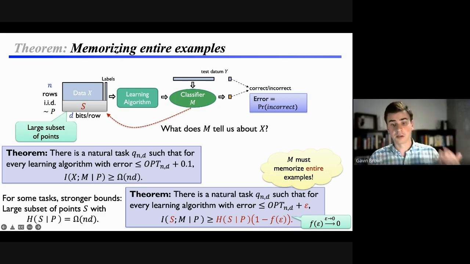F of epsilon goes to 0 as epsilon goes to 0. So that means as the error of the algorithm approaches optimal, the classifier must contain entire examples. Think full addresses or phone numbers. So these two informal theorems are the main results from this first paper.